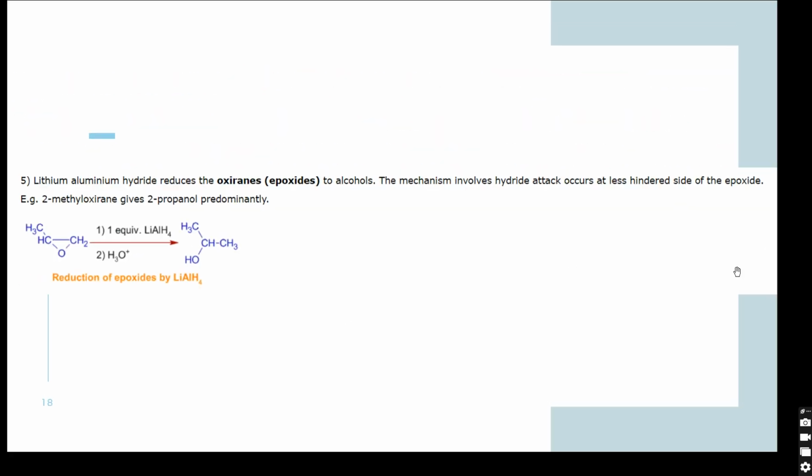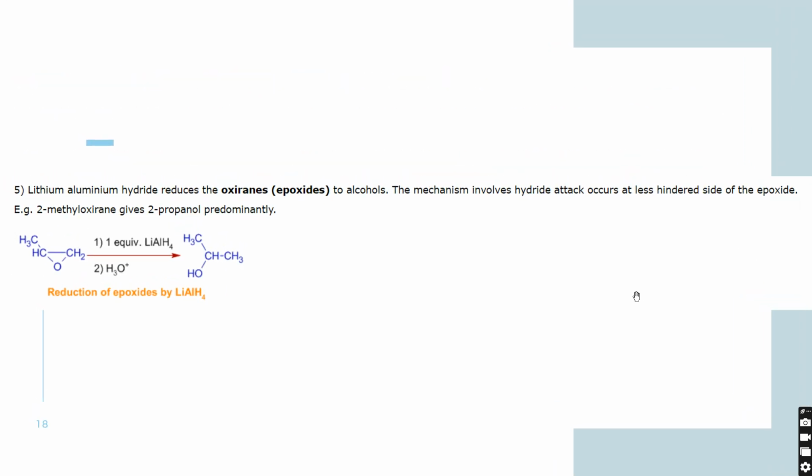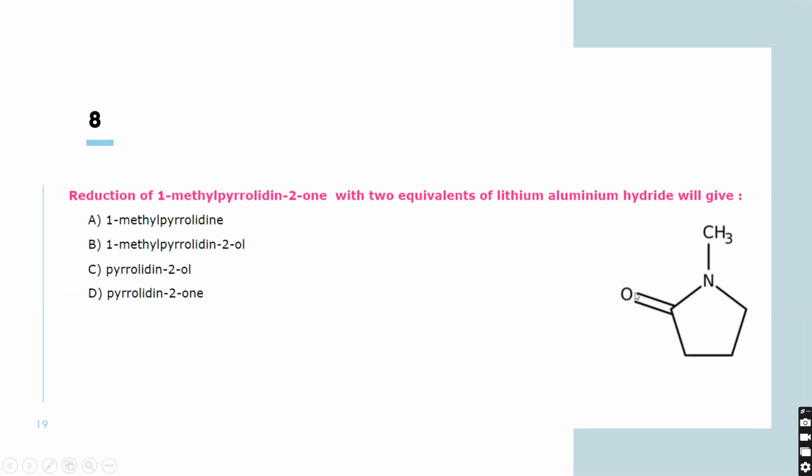So after this, let us move to the next question. This is another question from the LAH reduction part, lithium aluminum hydride reduction. Reduction of 1-methylpyrrolidin-2-one with 2 equivalents of lithium aluminum hydride will give. See, they are specifying 2 equivalents of lithium aluminum hydride.